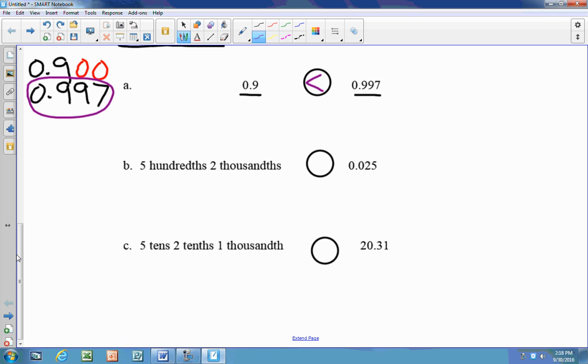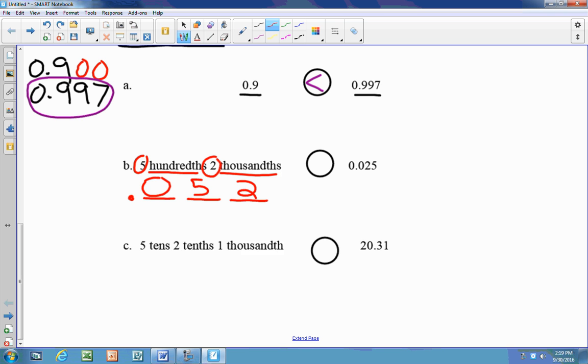This time it is not in standard form. It is in unit form, so I need to turn it to standard form. So they're talking about hundredths and thousandths. So I'm going to take my decimal point. We have tenths, hundredths, thousandths. I'm going to first fill in that I have 5 hundredths, and then I have 2 thousandths. Well, when I look at that, I also need to fill in a 0 into my tenths place.